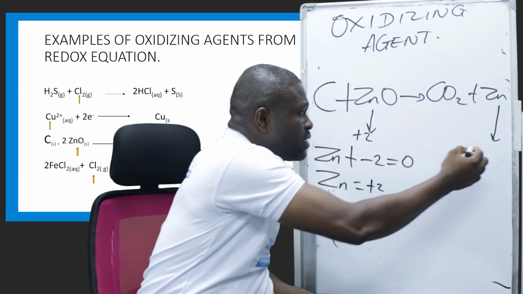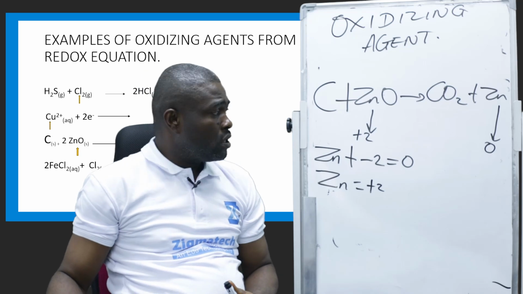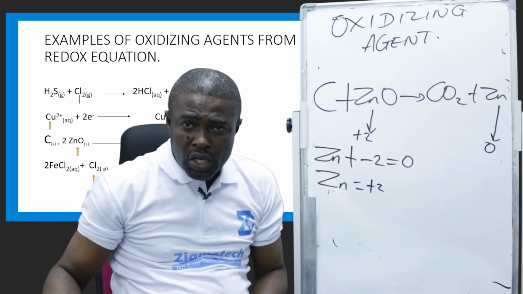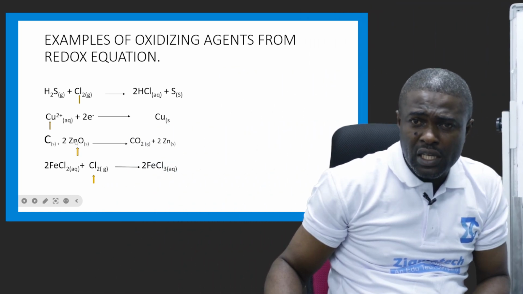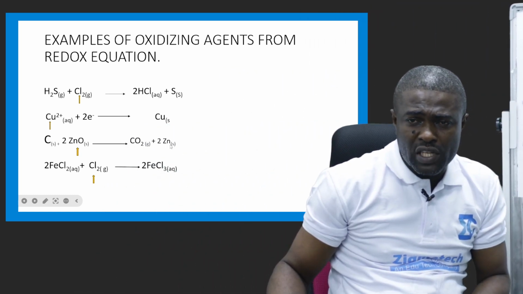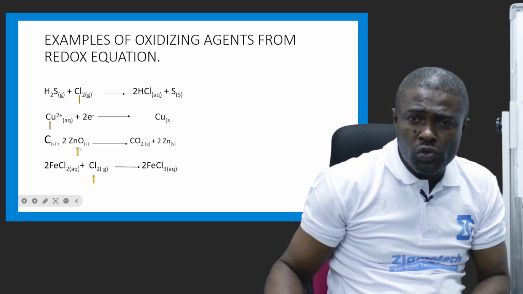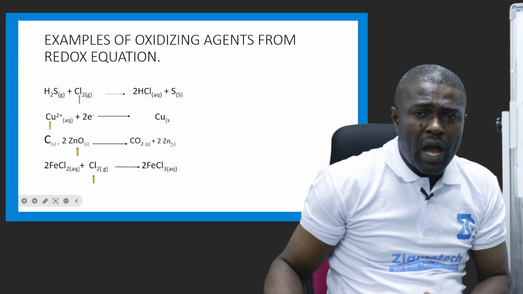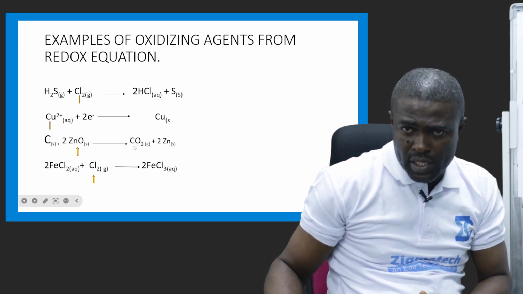So what is our observation? That shows that the oxidation number of zinc in zinc oxide to zinc, moving to the right-hand side, decreases from +2 to 0.